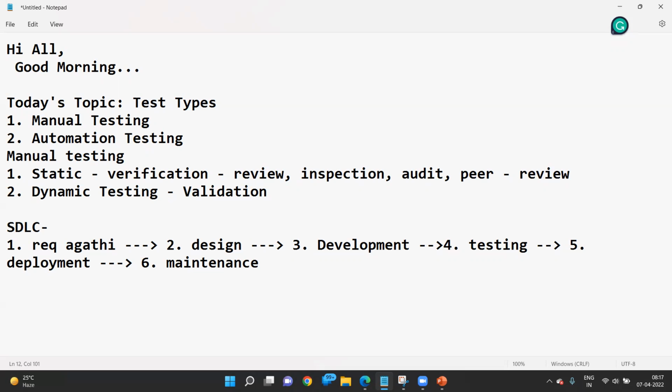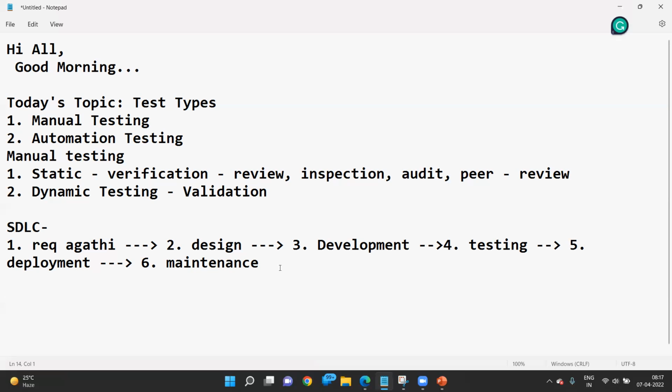Our objective is to deliver a quality product. To deliver a quality product, we have to uncover the defects in the application. Uncover means finding the defects. Your job is finding faults in the application. That's all, as simple as that.